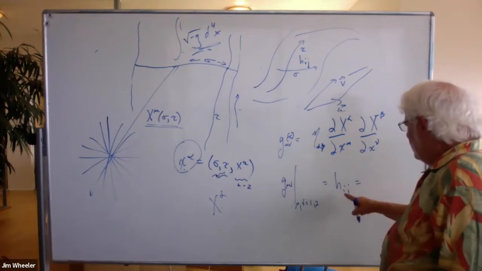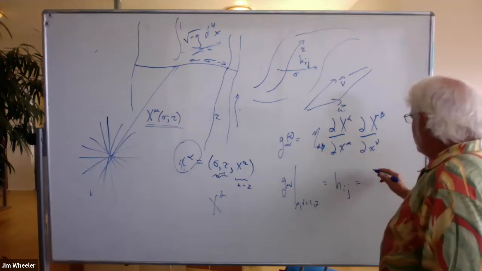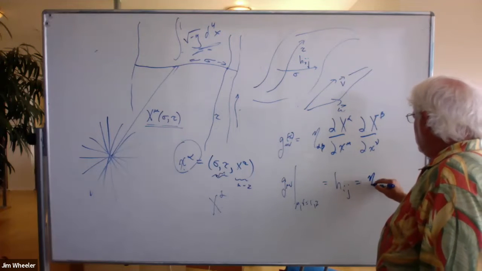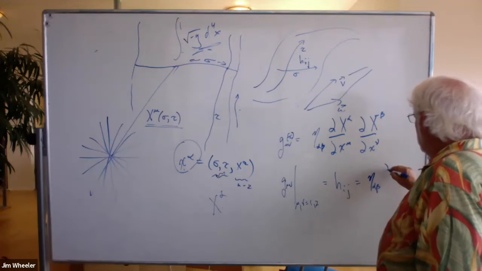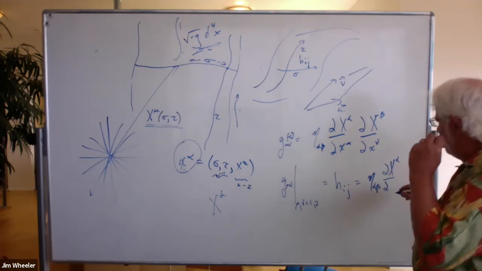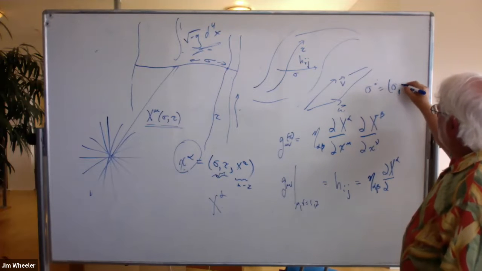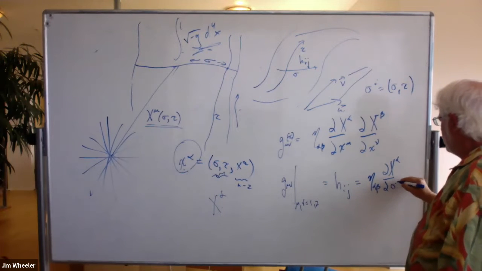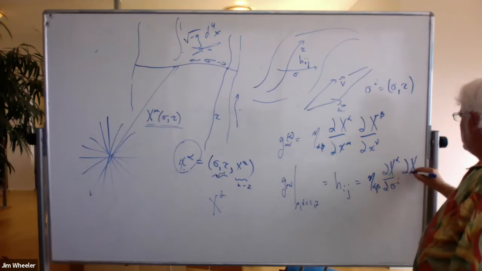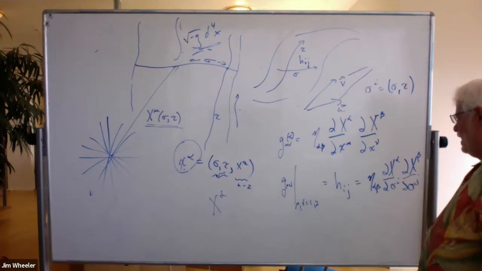So the metric on the first two curvilinear coordinates will be eta alpha beta partial x alpha d. Let's let sigma i be sigma and tau. So with respect to sigma i, dx beta d sigma j.